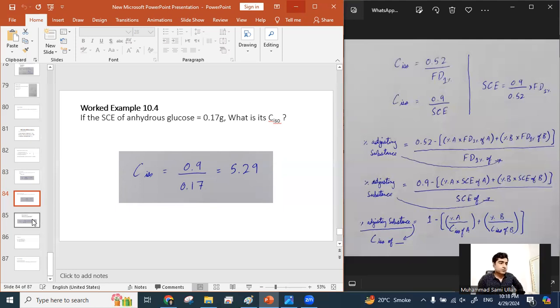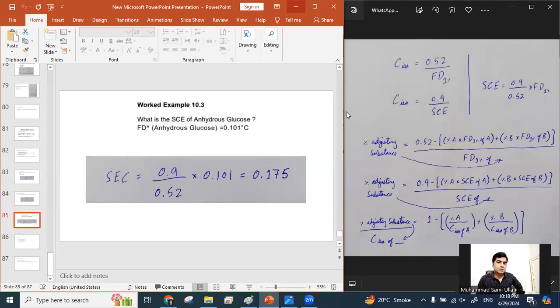Now, the third thing is not that important because we are finding the value of SCE by giving the value of FD 1%. I don't think it is even important from the perspective of KAPS, but as it is simple, let's memorize it. What is the SCE of anhydrous glucose? What is given is the FD 1% value. Here is some printing error, but this means FD 1%.